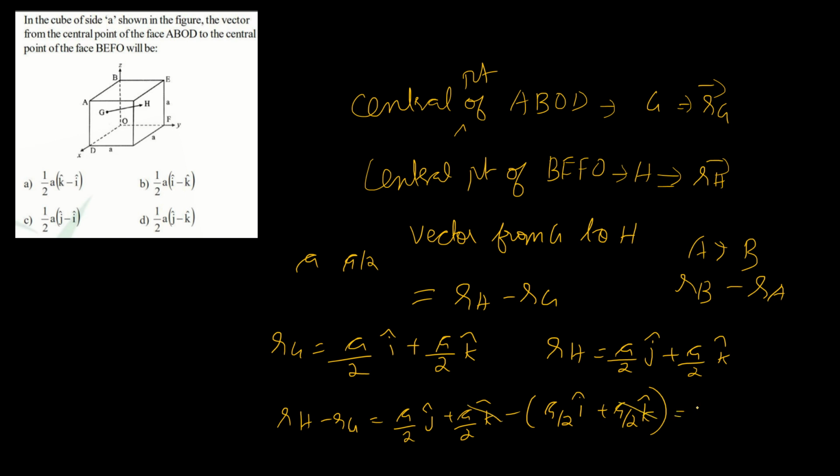So the answer will be A by 2 J cap minus A by 2 I cap. Do you have any option like that? That is 1 by 2 A into J minus I. This is option C. C is the answer.